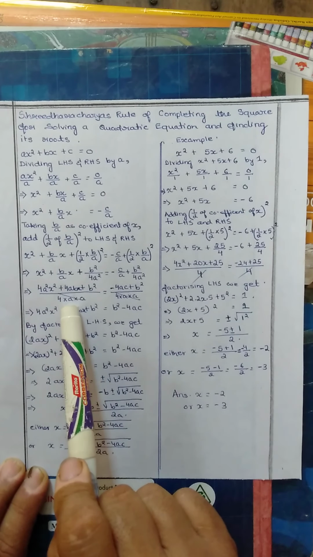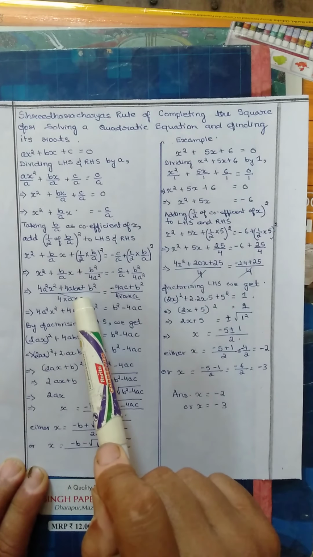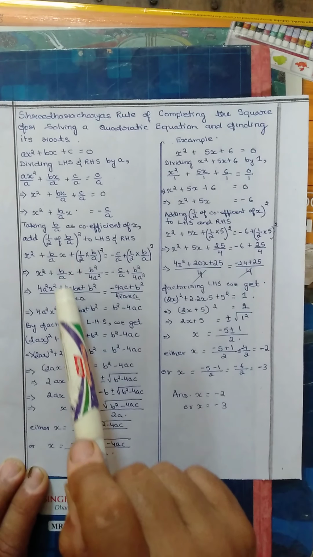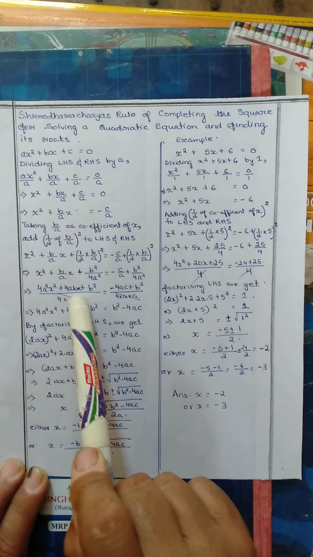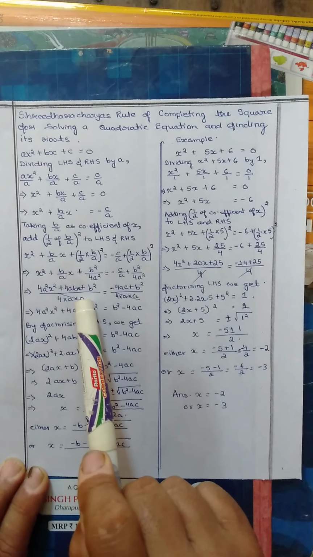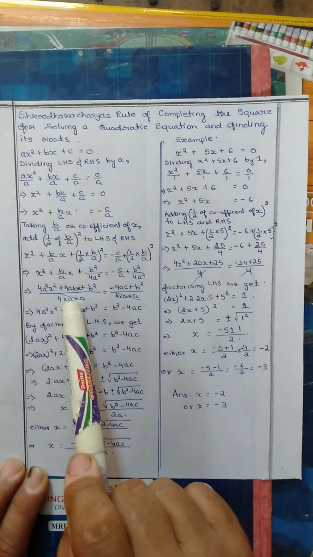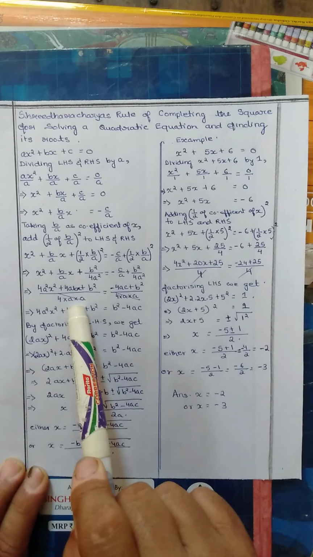Then in this one, a and a cancel, so 4a into b will become 4ab with that x there, plus this remains the same as these denominators are the same.